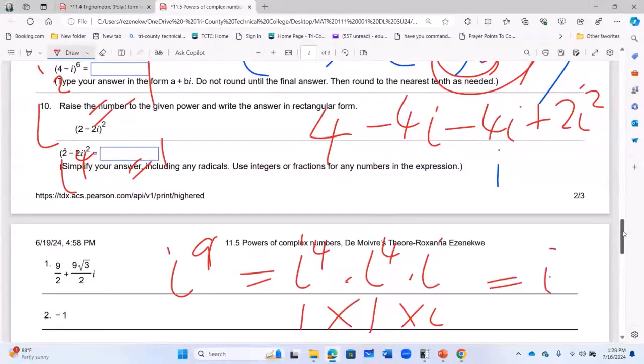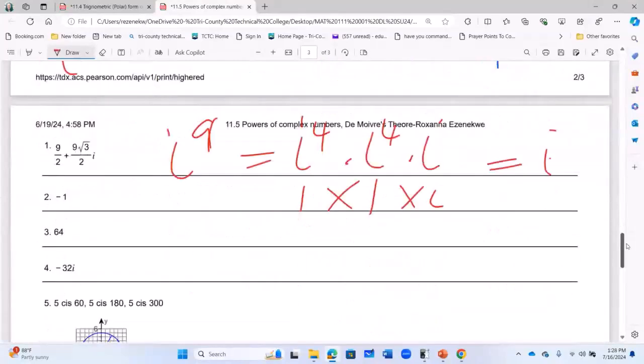Well, suppose I am told to evaluate i to the power 86. I already know that if I divide 86 by 4, I have 21.